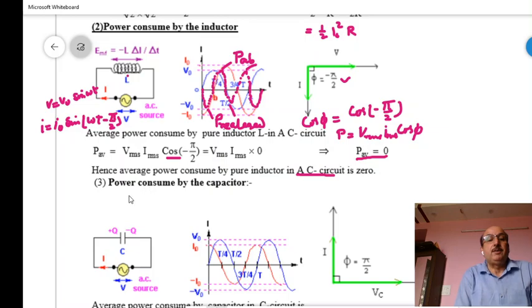Now next appliance is the capacitor appliance.